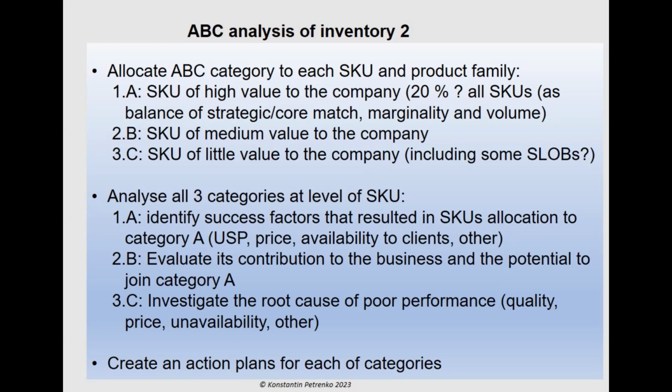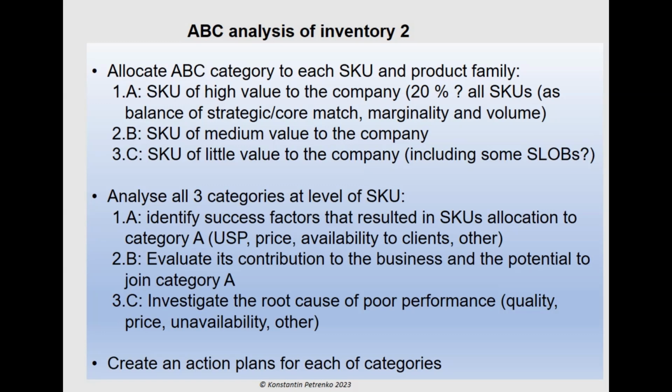For SKUs taken into Group A, apparently about 20% of total amount of SKUs, identify success factors, in other words clearly formulate their unique selling proposition, price, quality, availability, performance, durability, brand, product functionality, the effect of fashion, customer intimacy in service, etc.